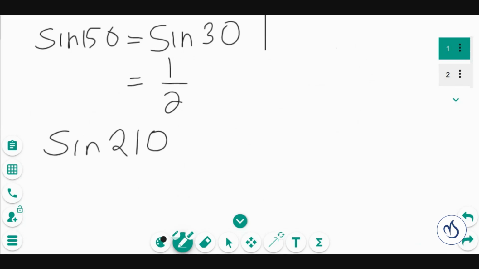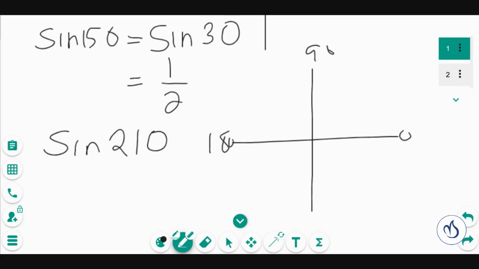It's going to give us the whole picture very well. 210 is beyond 180 by 30 degrees. If you take 210 minus 180, we get 30. So we are dealing with another 30. I'm going to move up to 180, then I add on 30. This is my 210 degrees.